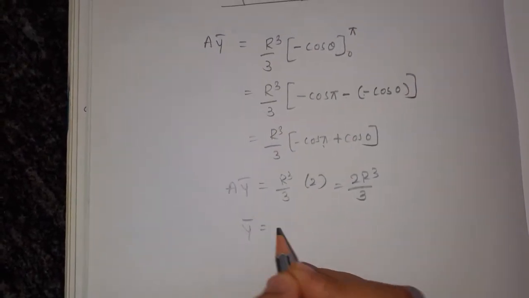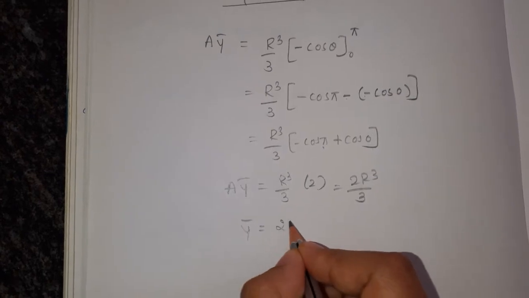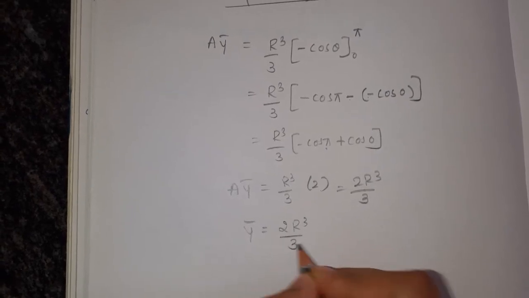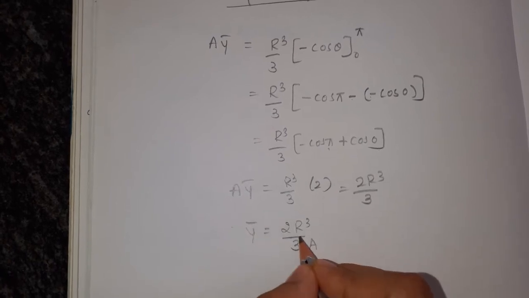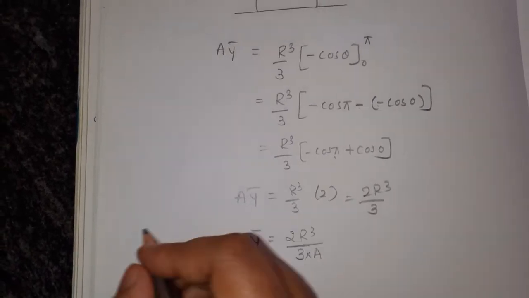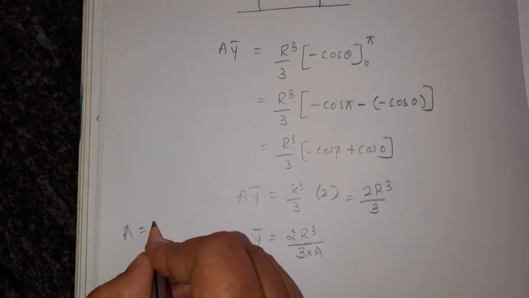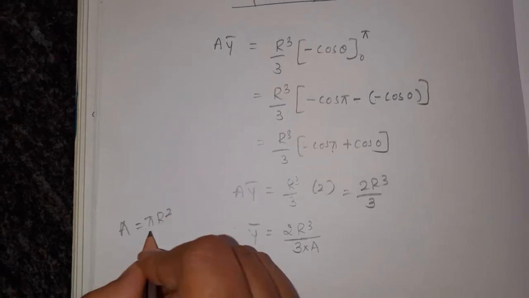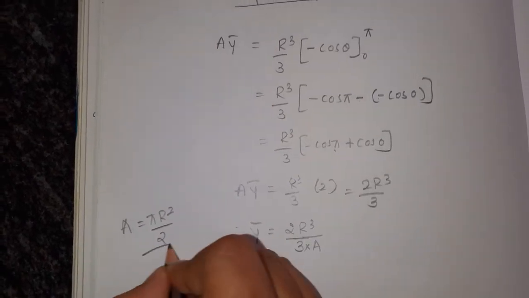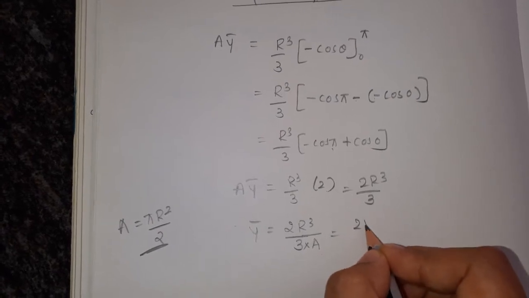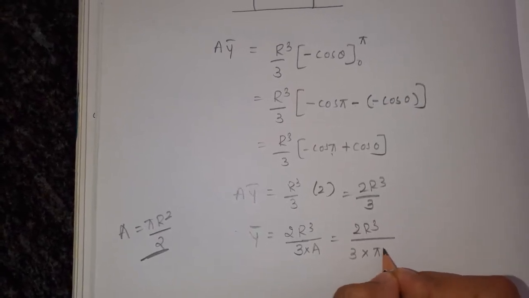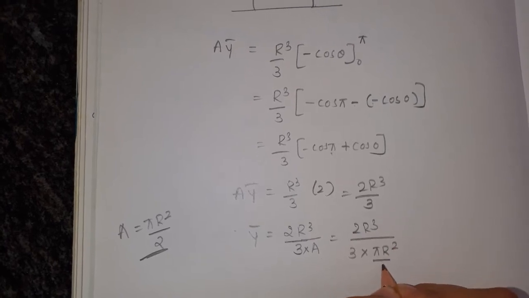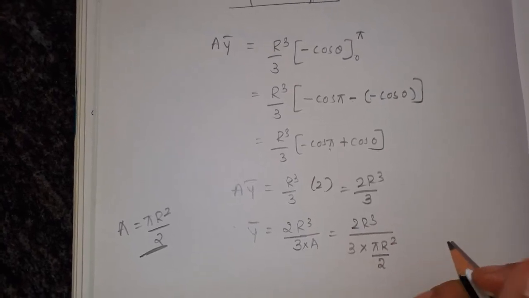Only y bar is equal to 2r cube divided by 3, taking the area to this side, divided by the area of the semicircle. We know the area of a semicircle is pi r square by 2. Substitute this here: 2r cube divided by 3 into pi r square divided by 2.